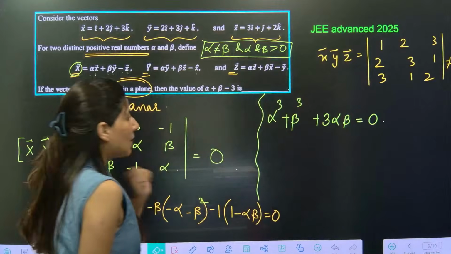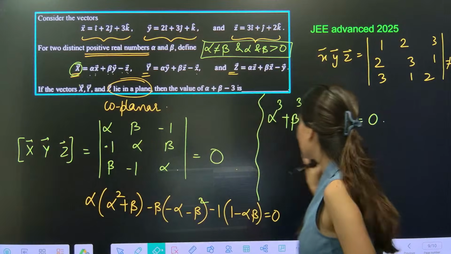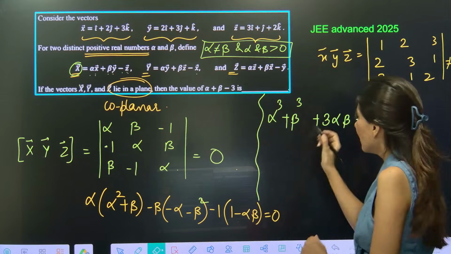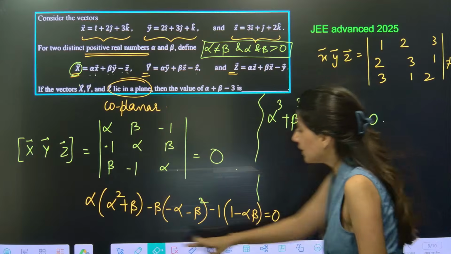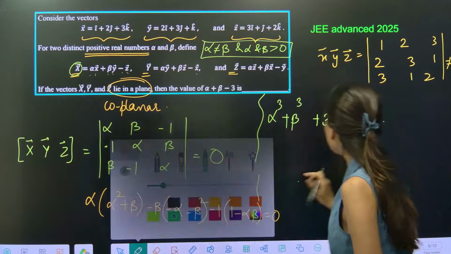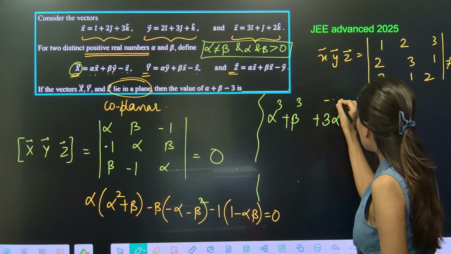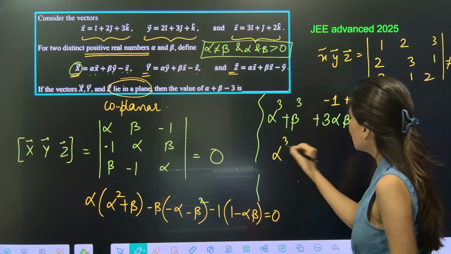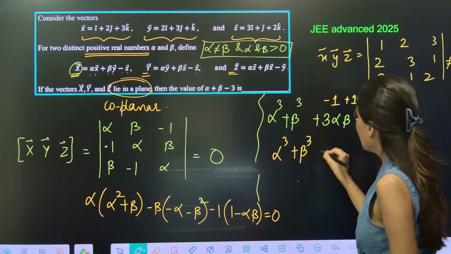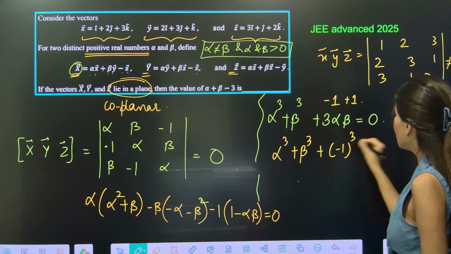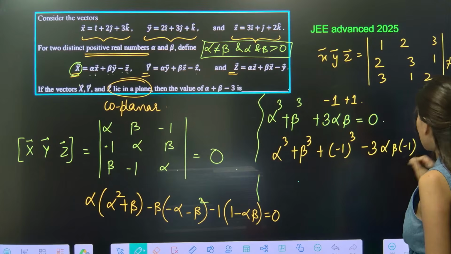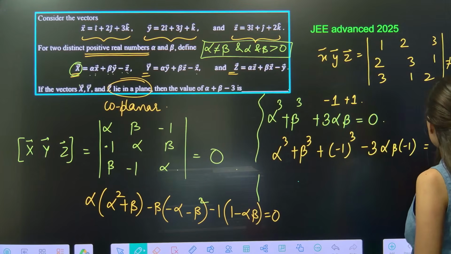Now let me get back and let me talk about this. But ma'am, there is no third, gamma cube is missing. So what we are going to do is introduce it by subtracting 1. So minus 1 and plus 1. So I am writing alpha cube plus beta cube plus minus 1 whole cube minus 3 alpha, beta and gamma. Gamma is this, and this is equal to minus 1.